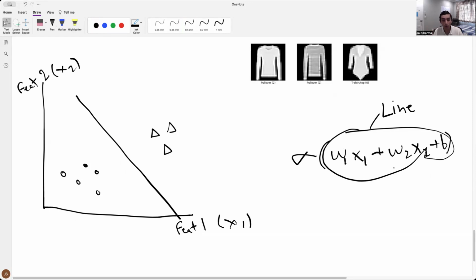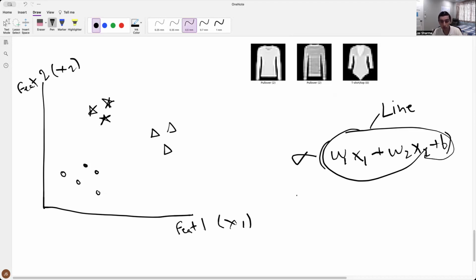Okay, so now we've separated these two classes. But let's say I added a third class, which was stars. There's a star there, and a star there. And I want to be able to use logistic regression to separate these three classes from each other. The solution to this problem is basically training three different logistic regression models. Number one would be: is it a circle or not?